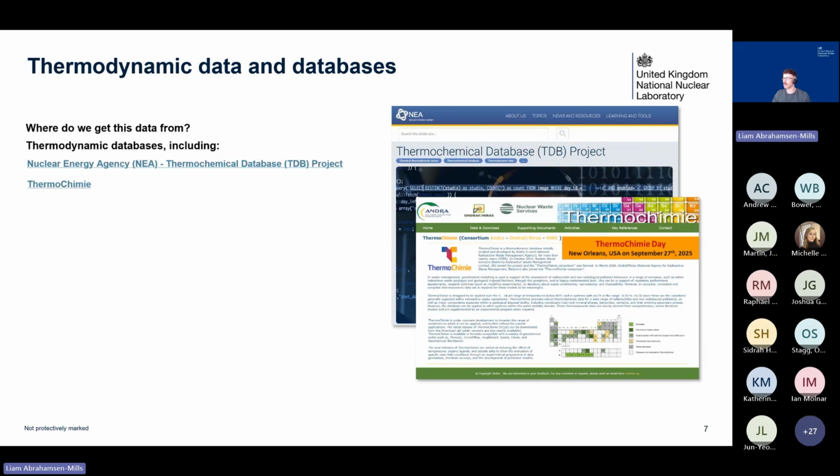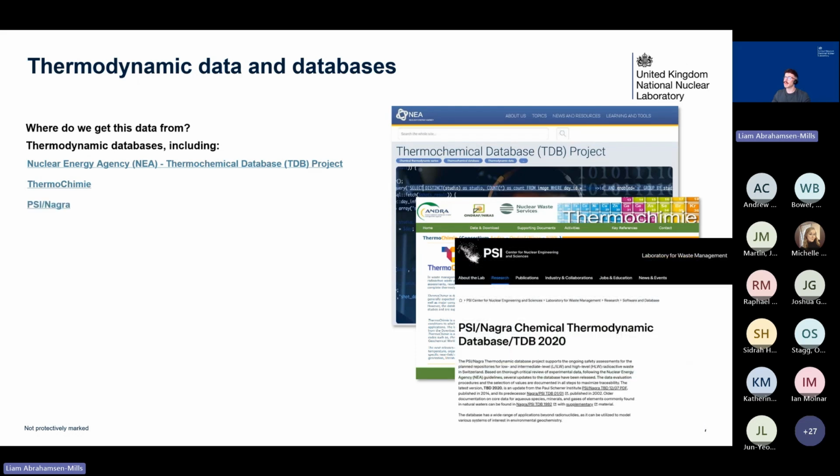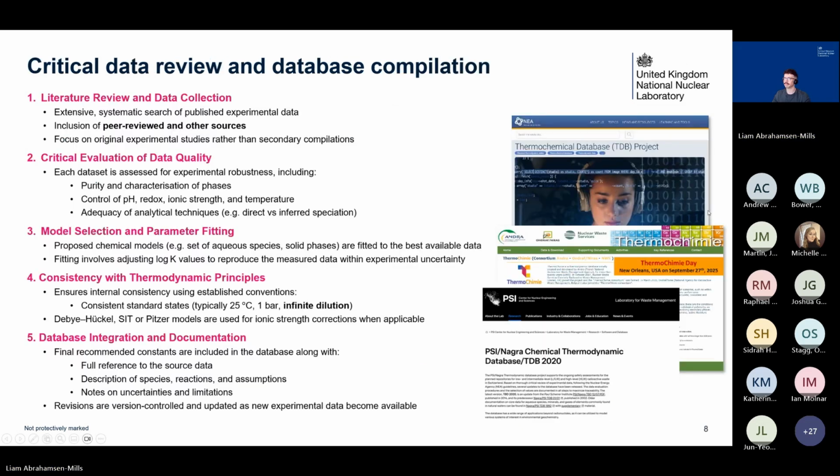ThermoChimie is another commonly used database, which is compiled by a consortium of European waste management organisations, including NWS. And then there are also country-specific databases as well. An example here is the PSI and NAGRA database for a Swiss disposal case.